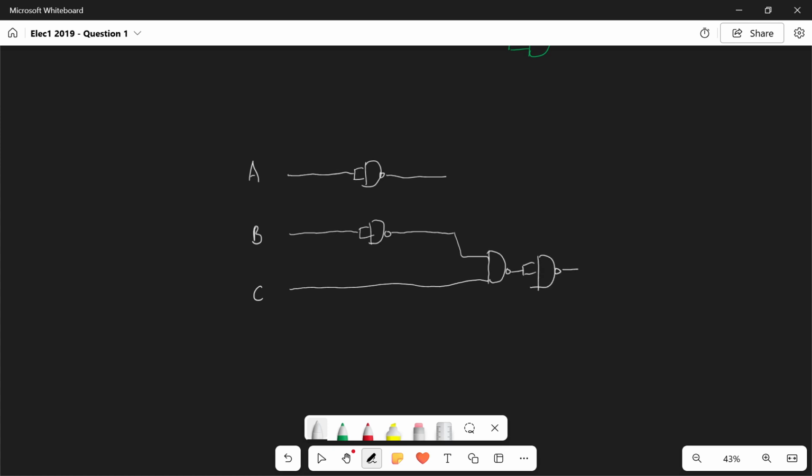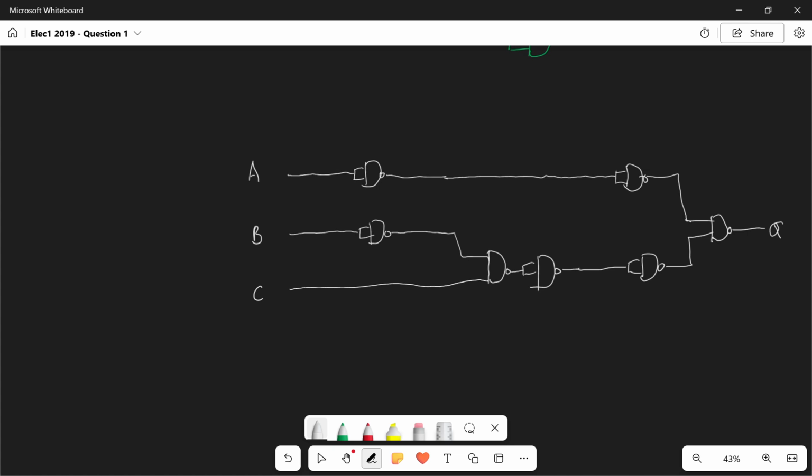And then finally, from the NOT of A and the AND gate, we need to put an OR gate. And then we've got Q as our output.